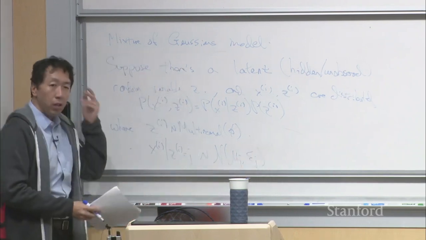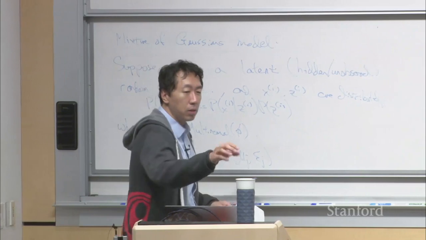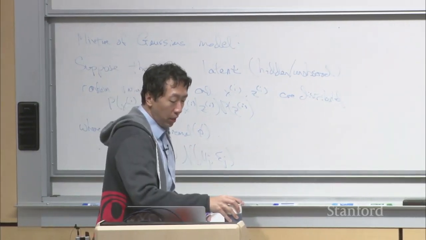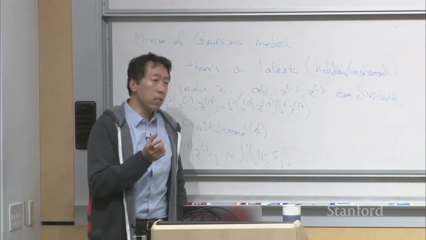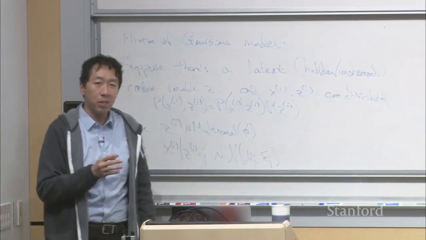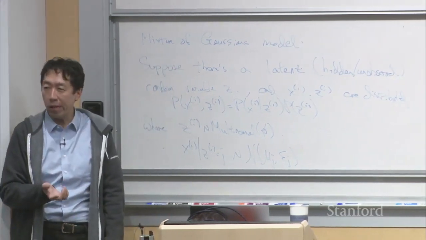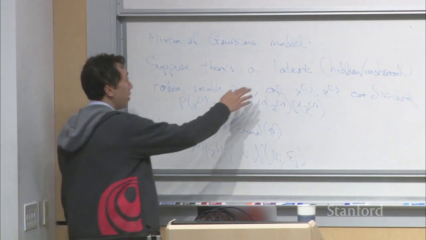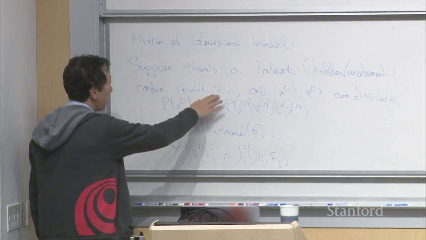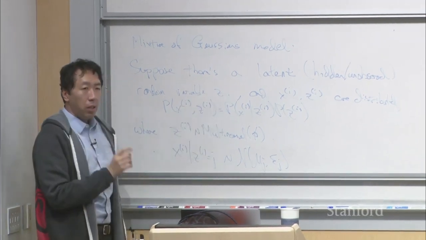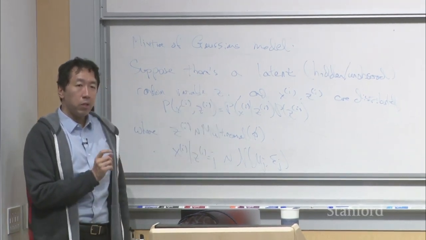The term latent just means hidden or unobserved, right? It means that it exists, but you don't get to see the value directly. So let's imagine that there's a hidden or latent random variable z, and x_i and z_i have this joint distribution.